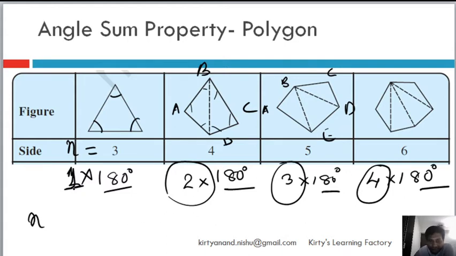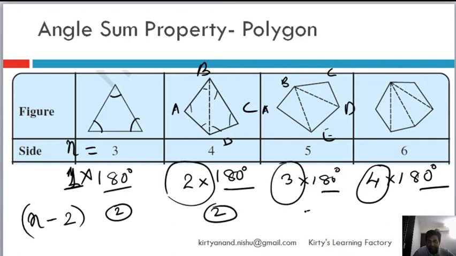So I can write this as n minus 2. Why n minus 2? Because 3 minus 1 is 2, 4 minus 2 is 2, 5 minus 3 is 2, 6 minus 4 is 2.